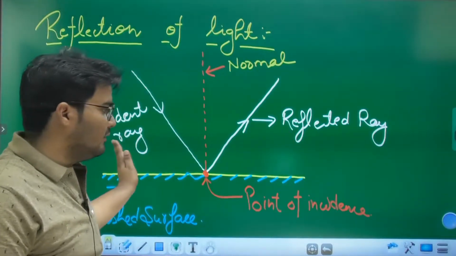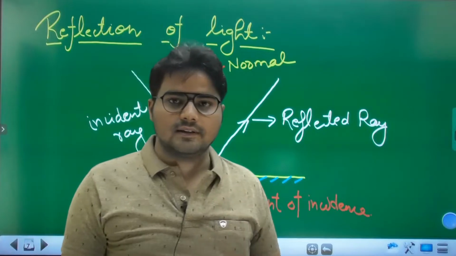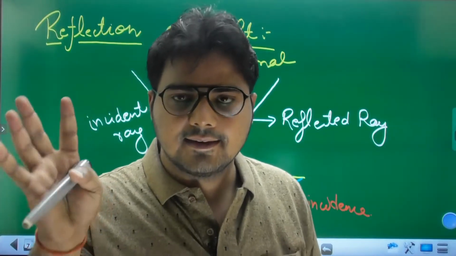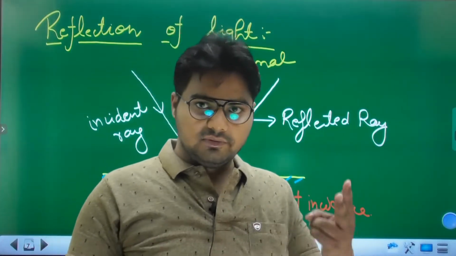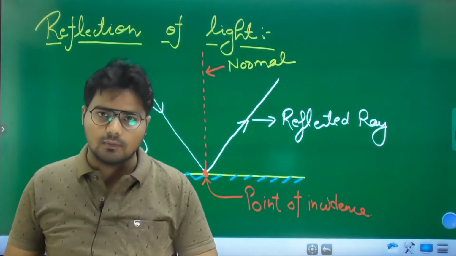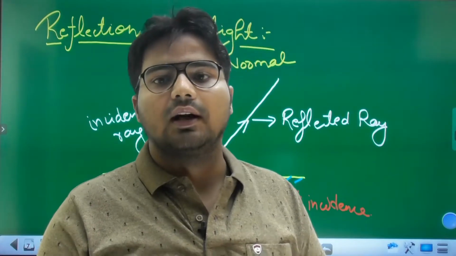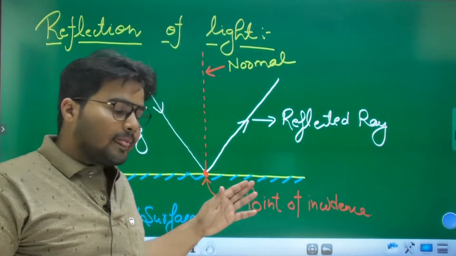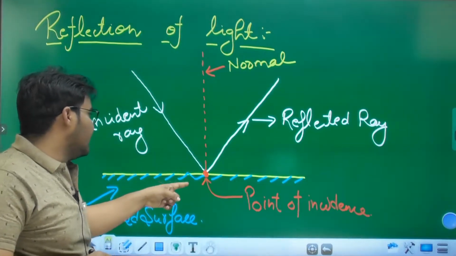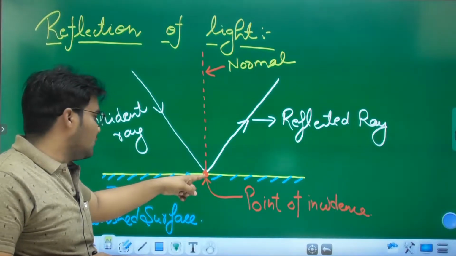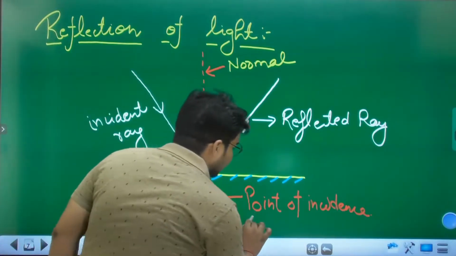So now we have 4 terms: incident ray, reflected ray, normal and point of incidence. What is normal? Normal is an imaginary perpendicular line at the meeting point of the incident ray and reflected ray, and that meeting point is called the point of incidence.